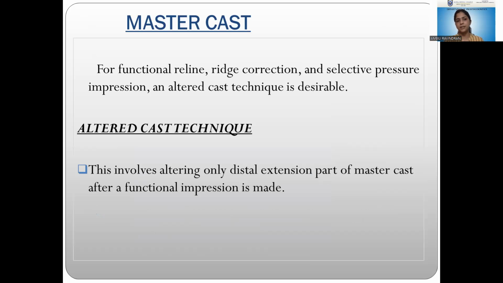Coming to the master cast, now I'll be explaining how to pour the master cast. For the functional reline method, ridge correction using fluid wax, and selective pressure technique, all these methods require a method to pour the cast so that the master cast will accept the functional impression.